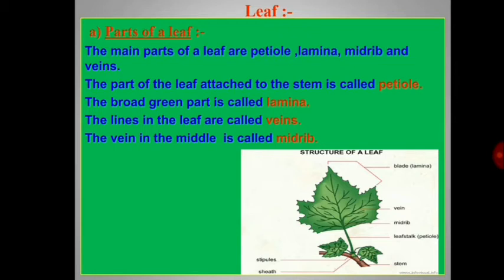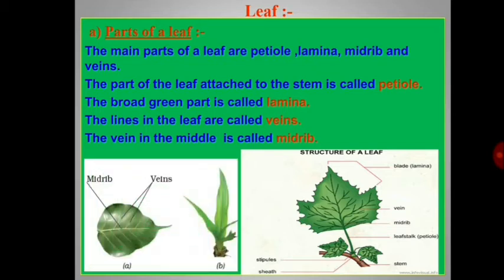In the leaves we can see many lines, and these lines are called veins, and the vein in the middle is called midrib. So midrib is thicker than the veins. Lamina, petiole, veins, midrib are some important parts of the leaves, and you can see in this picture midrib and veins.